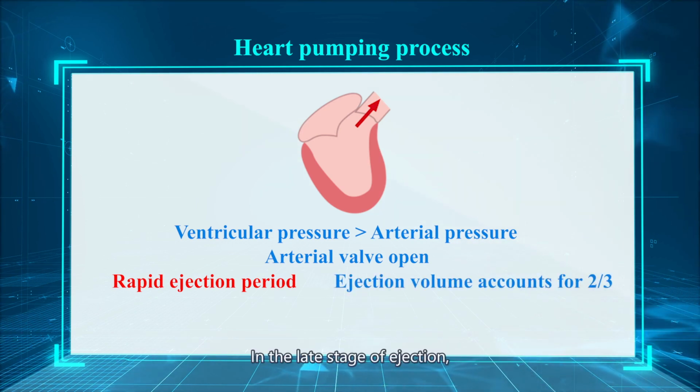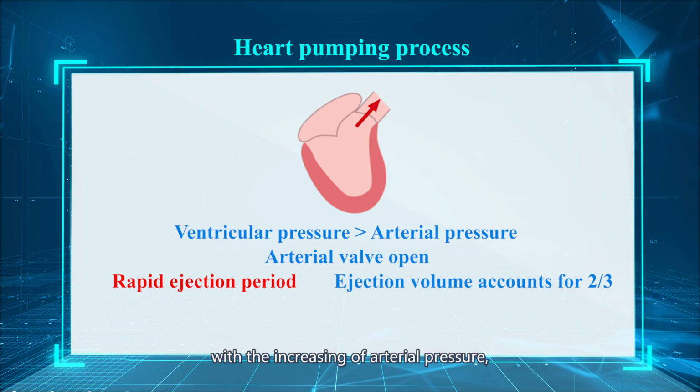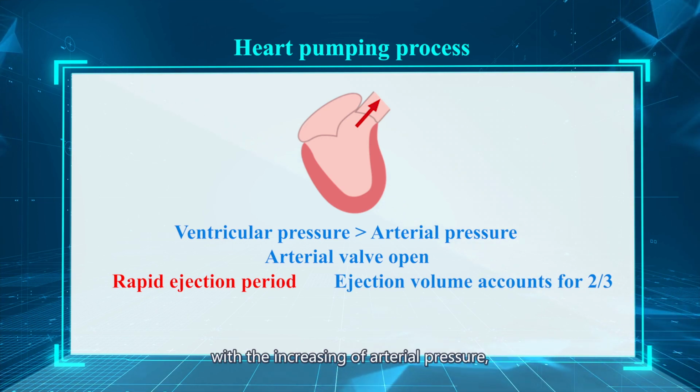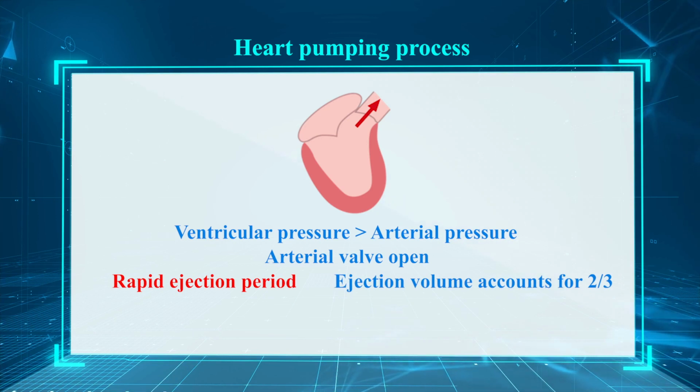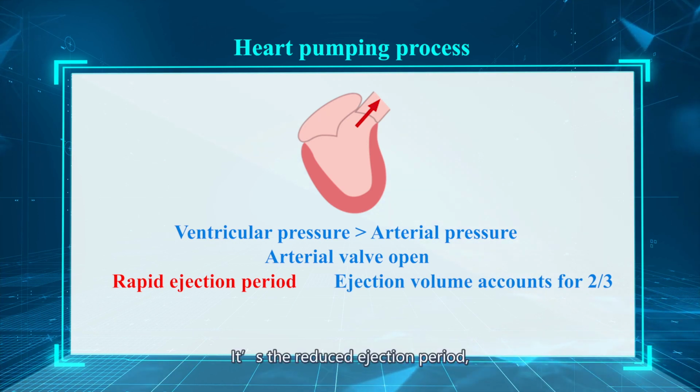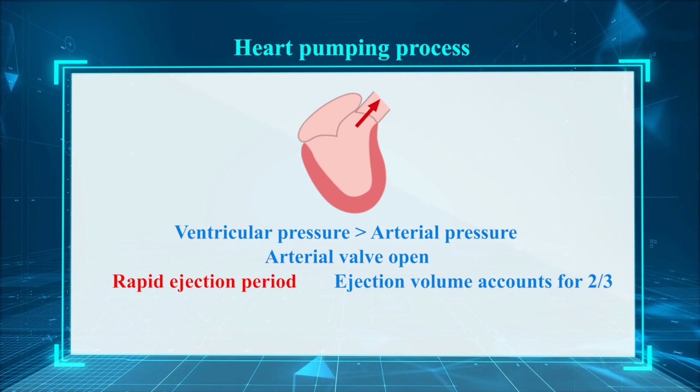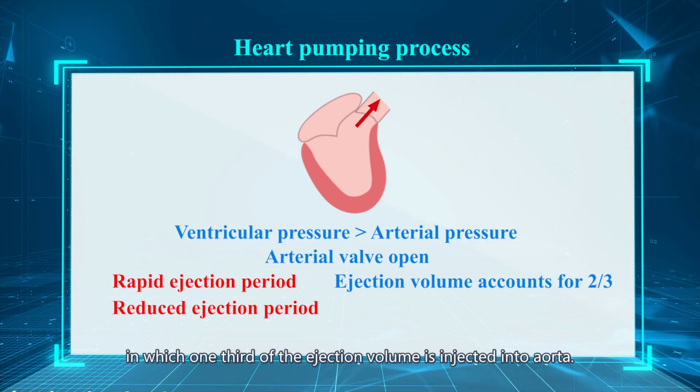In the last stage of ejection, with the increasing of arterial pressure, the ejection slows down. It's the reduced ejection period, in which 1/3 of the ejection volume is ejected into aorta.